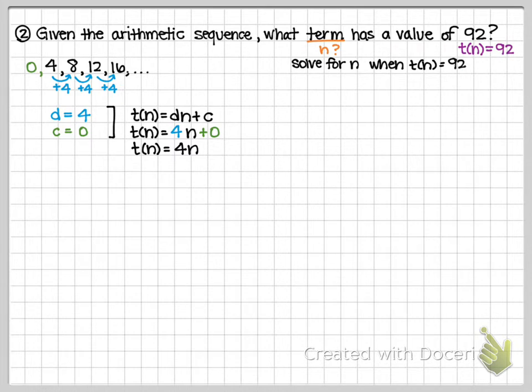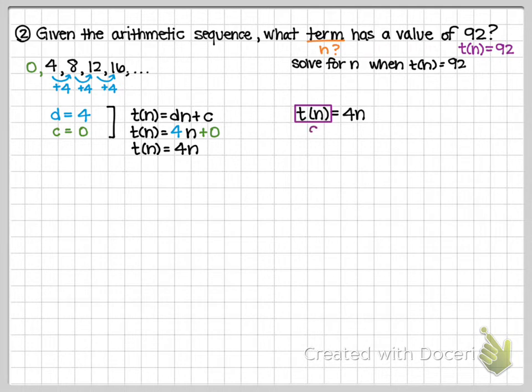All right, let's go back to our equation. I'll actually bring it over here. So I know I've got T of n is equal to 4n. I'm going to take the T of n and replace it with 92. So I'm going to replace that side completely with a 92.